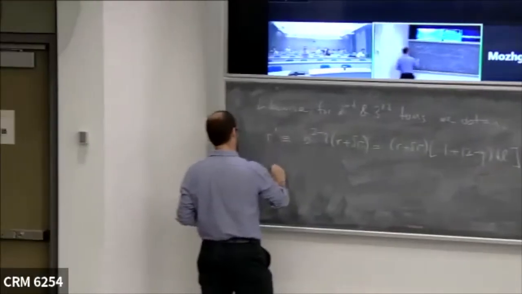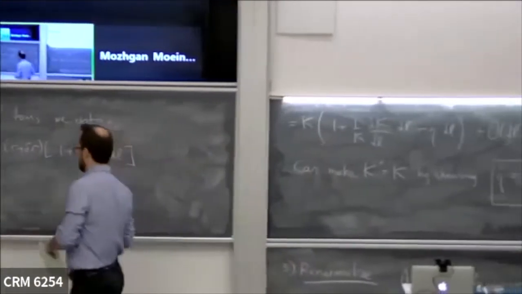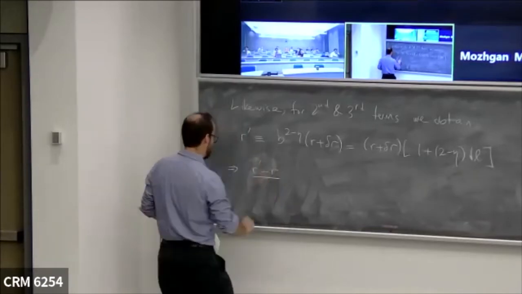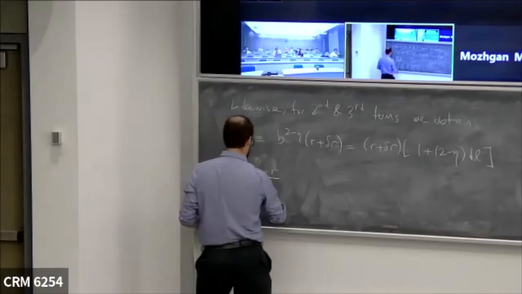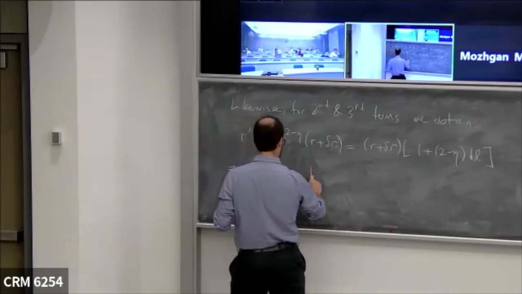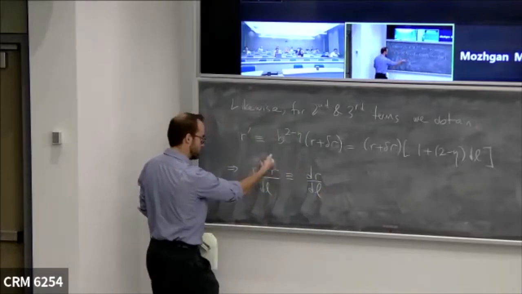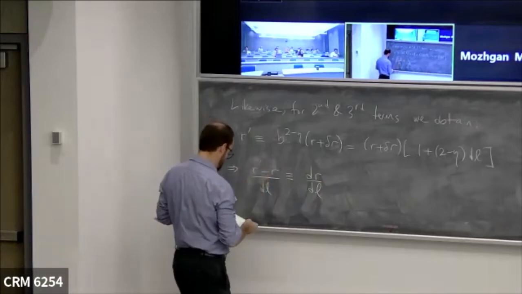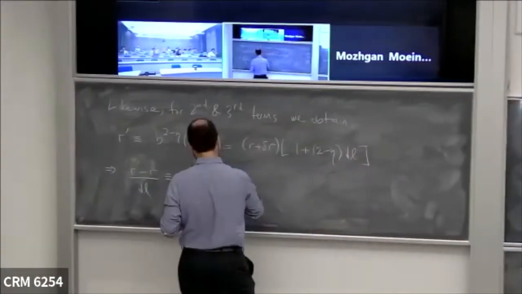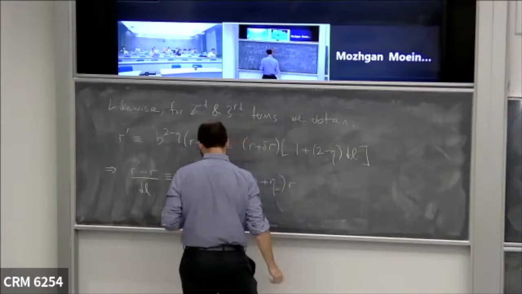So I can derive a differential equation for the flow of these couplings. So dr over dl is really r prime minus r, the amount by which the coupling has changed under renormalization, divided by the thickness of the shell. So when we write dr over dl, this is the rate of change of this coupling. That's really what the left-hand side means in this framework. Using this same method, we derive that the rate of change is 2 minus eta plus something I'll call eta 2, times r.